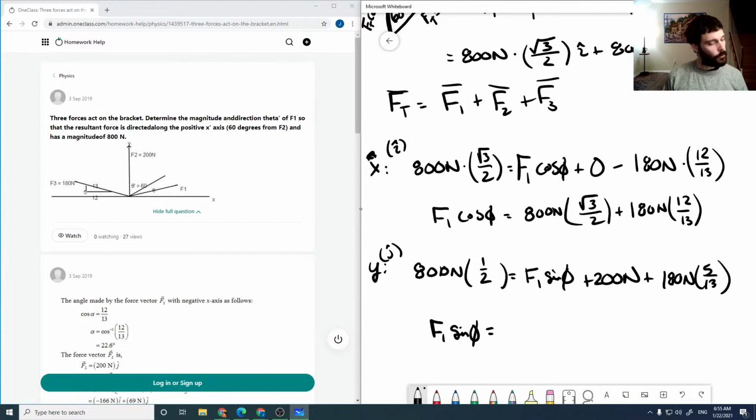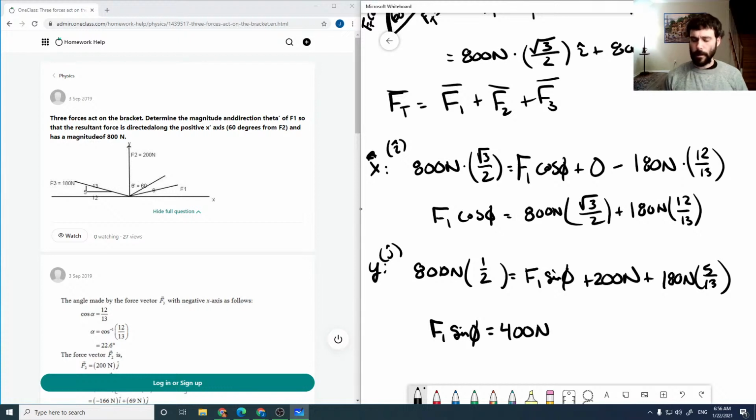Say that F1 sine phi is 800 newtons divided by 2, which is just 400 newtons.